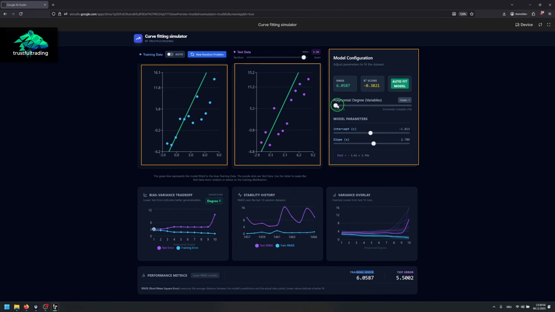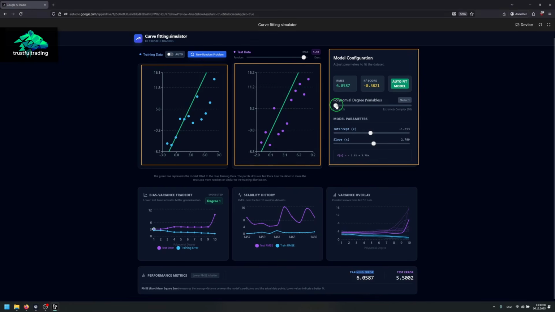We can set how many parameters our model should have. So right now we have one parameter, and I can play around a little bit. You can see our model is changing. There's also this auto fit button, which fits the model perfectly or as best as possible to the historical data.